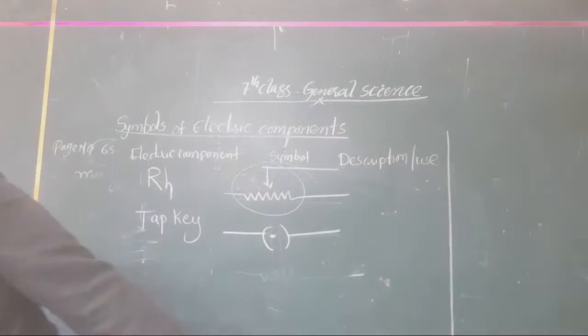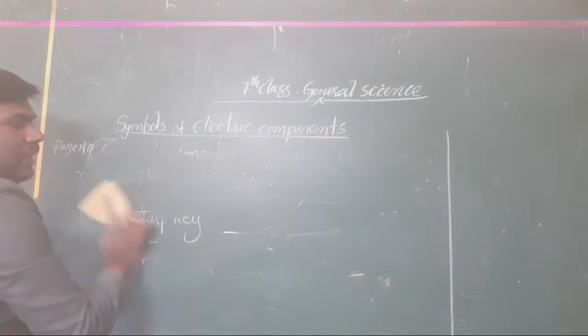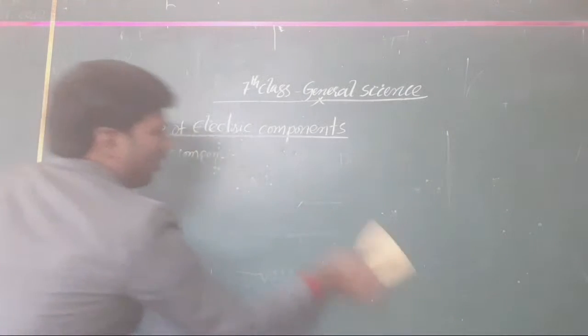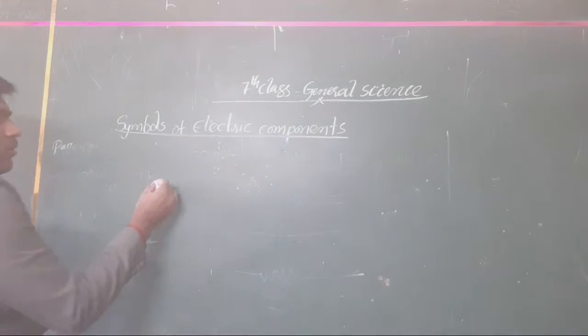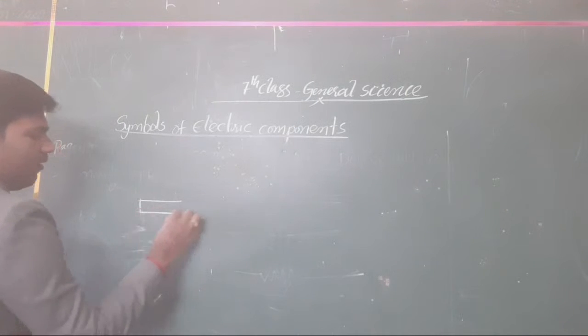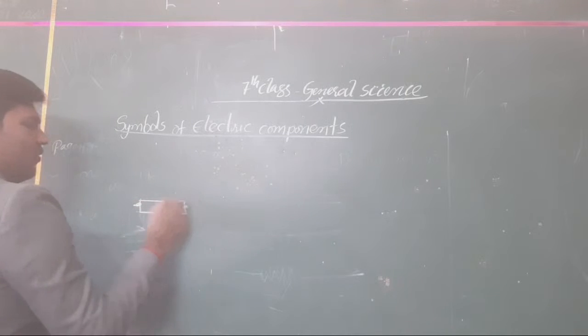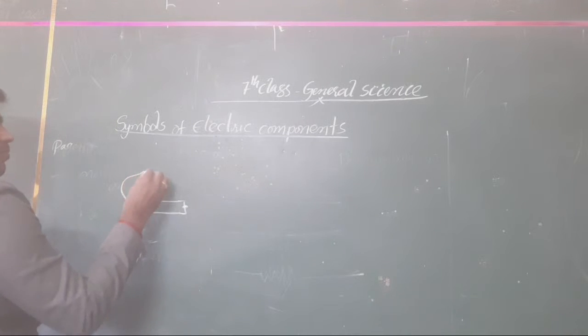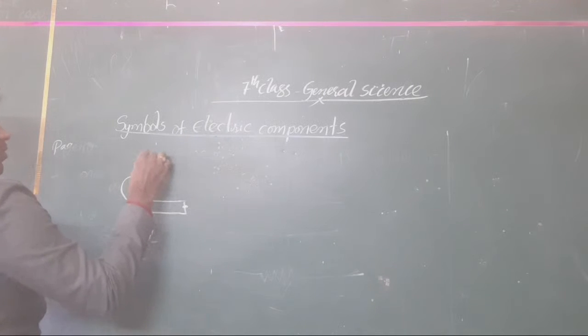Now, by using our electrical symbols, we want to draw one particular electrical circuit. Before that, I have already drawn one particular electrical circuit with a switch, and here we have taken one bulb. Clear or not, all the students?